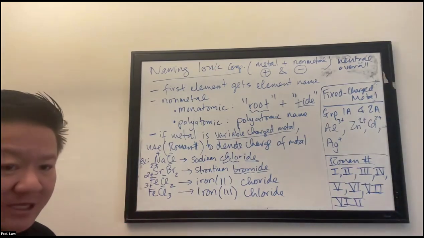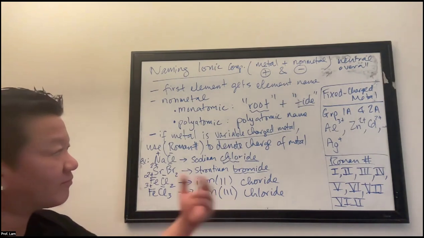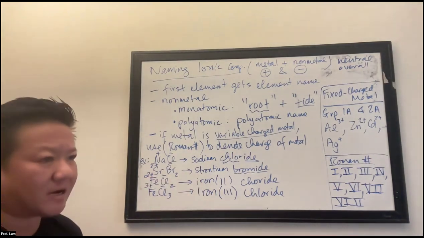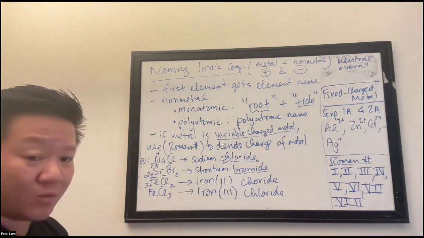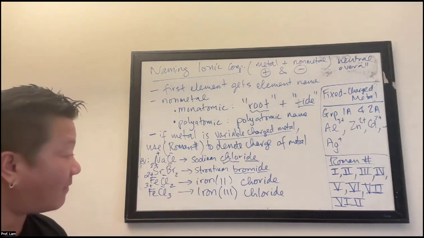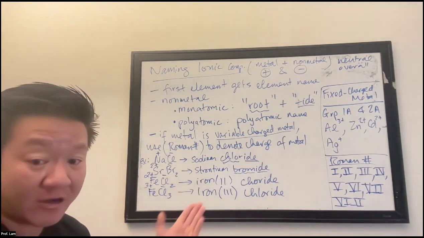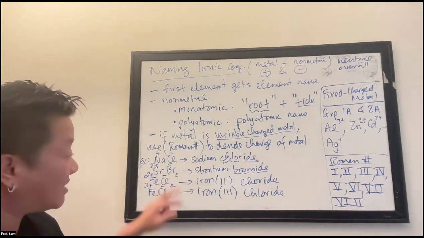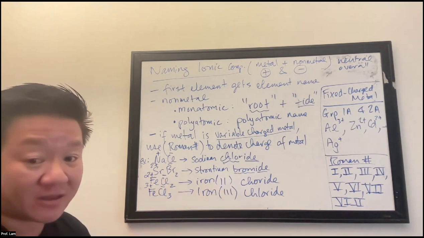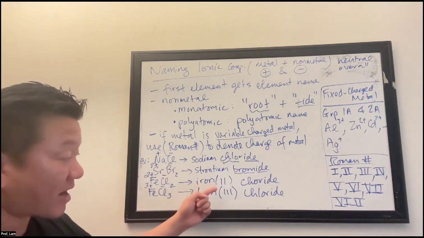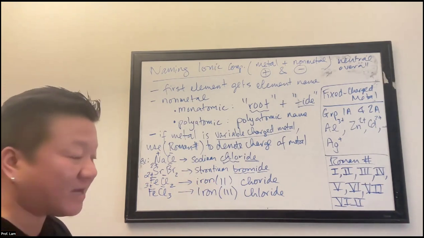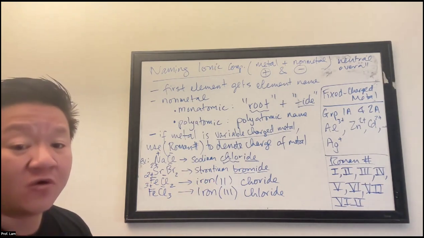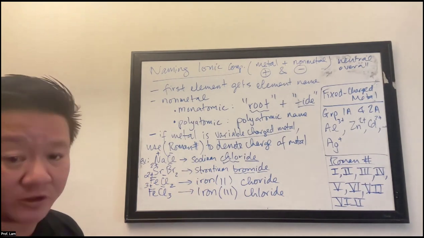Let's say you're in the lab and I ask you, bring me some iron chloride. You should be really confused, because you're going to be like, well, which one do you want? Do you want the iron 2 chloride, or the iron 3 chloride? Both are iron chlorides, however, they're not the same thing. An iron 2 chloride behaves very differently than an iron 3 chloride. And so that's why you have to make that distinction for all of these metals that are variable charge.